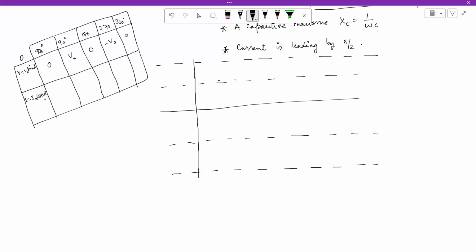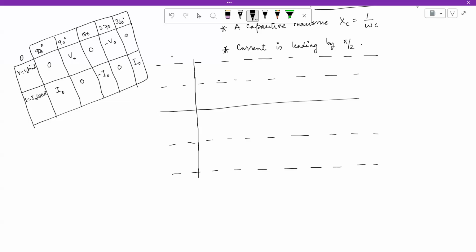But you see that this is cos omega t. So at 0, this is I naught. At 90, 0. At 180, minus I naught. And at 270, again 0. At 360, again I naught. Right.